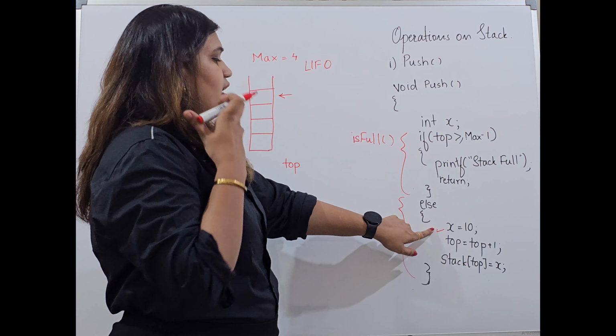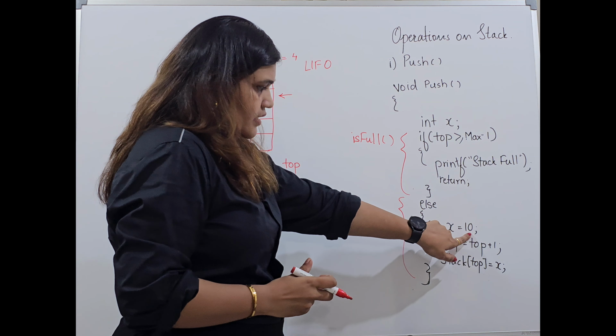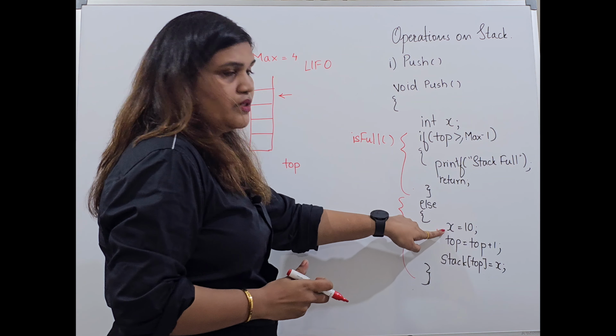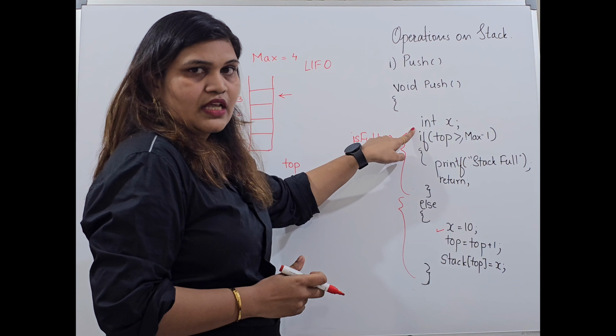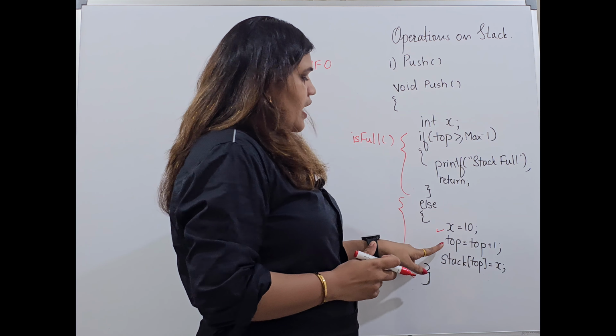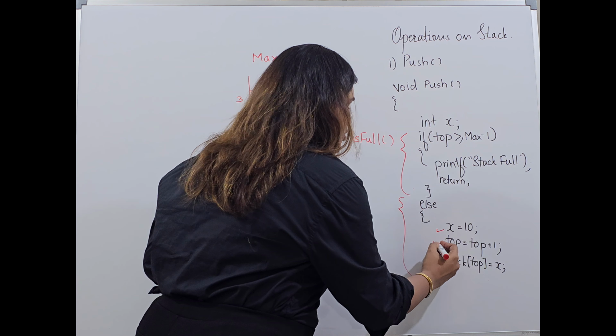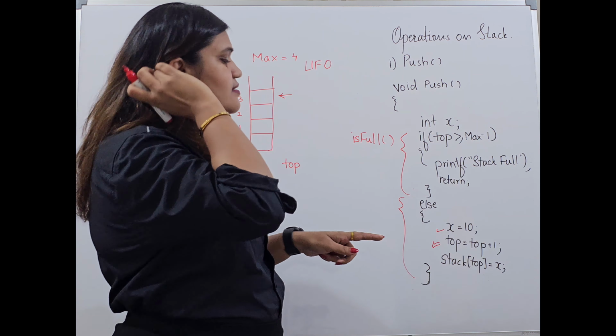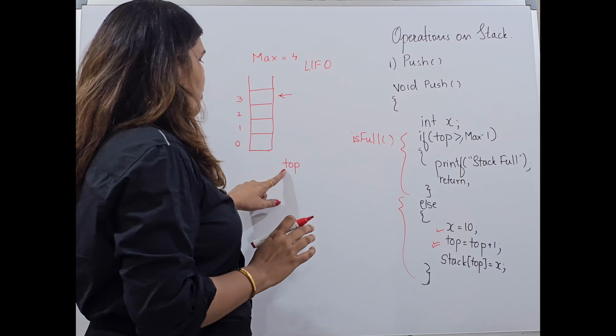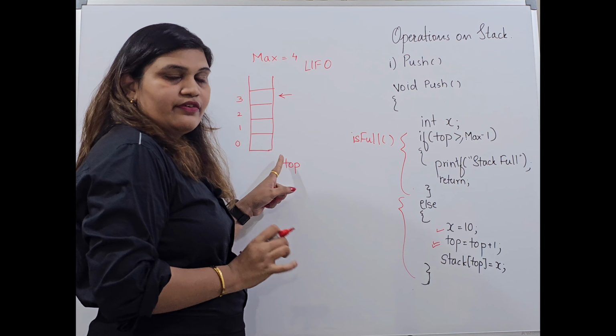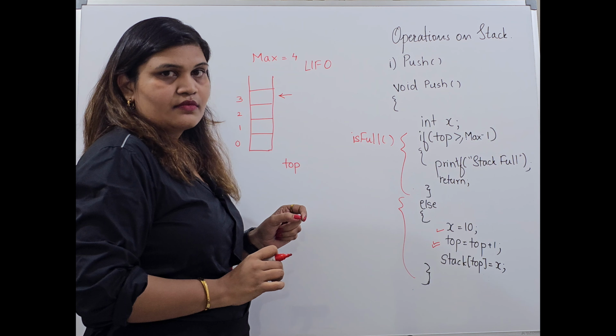So here I'll take that integer value and store it in the variable which I had declared at the start. Next, this line is very important. Whenever I want to insert an element, my top should be pointing to the location where I want to insert the element.